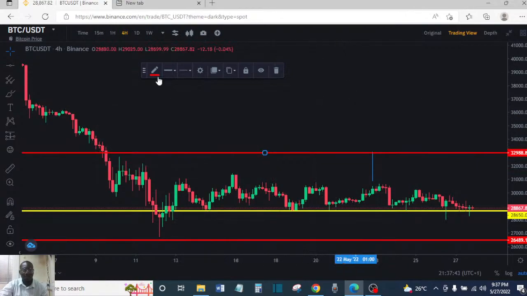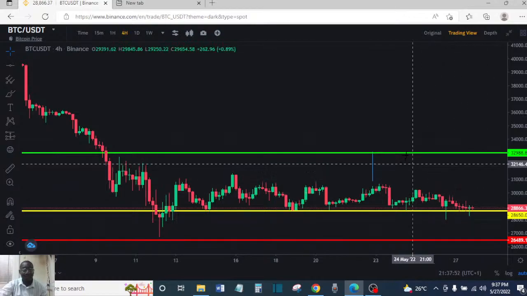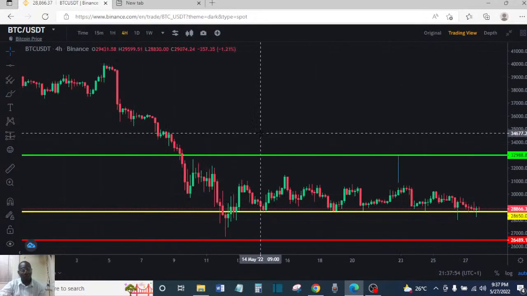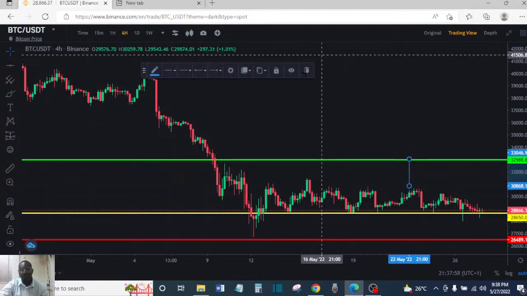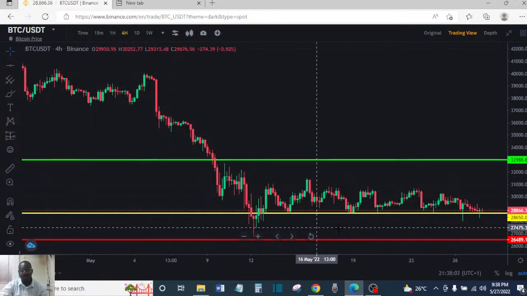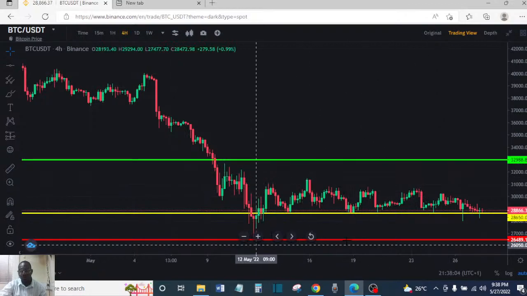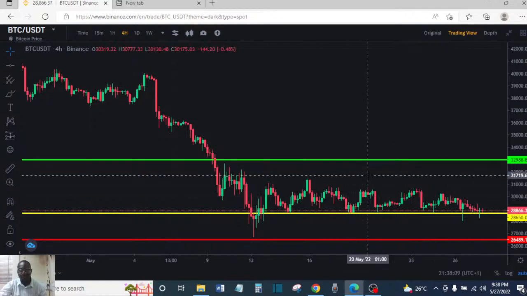So this area of 32,988, approximately $33,000, will be your take profit. So if your stop loss is around there, then your take profit will be around $33,000.